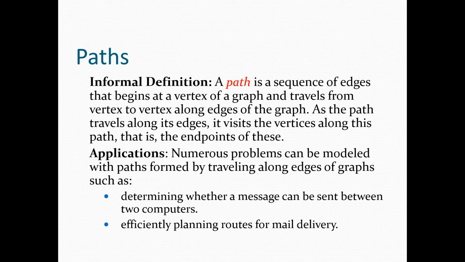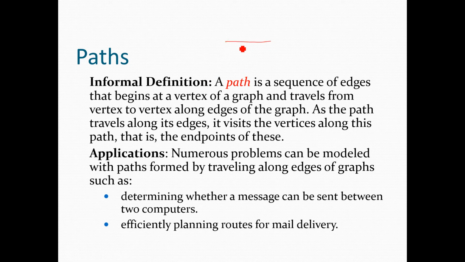So, a path is a sequence of edges that begins at a vertex of a graph and travels from vertex to vertex along edges of the graph. As the path travels along its edges, it visits the vertices along this path, that is the end points of these edges.